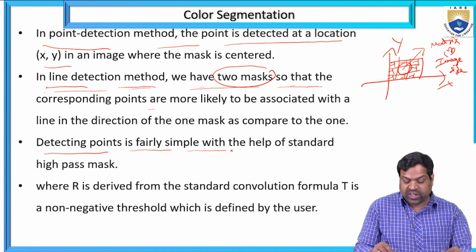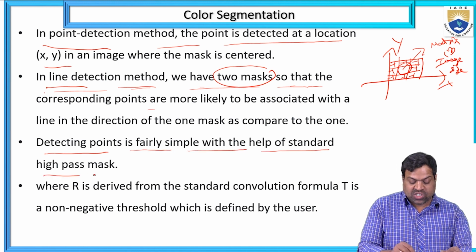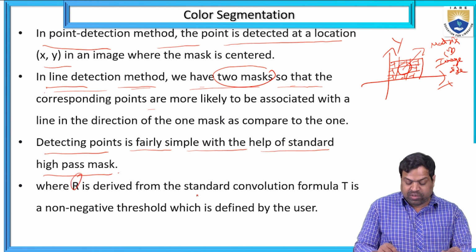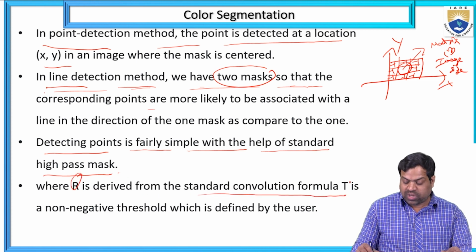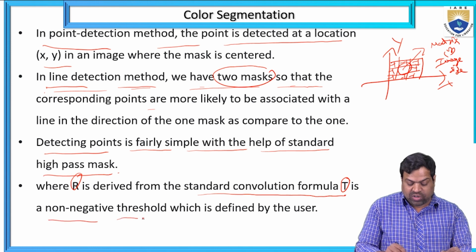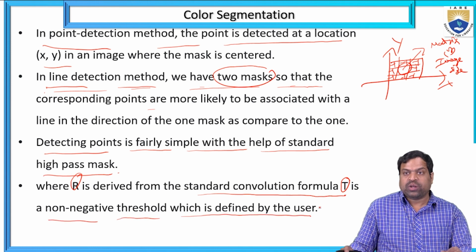Detecting points is fairly simple with the help of standard high pass masks, where R is derived from a standard convolution formula and T is the non-negative threshold which is defined by the user.